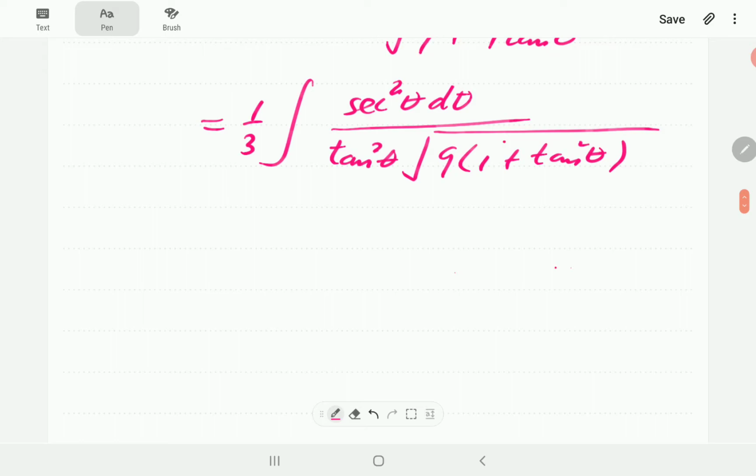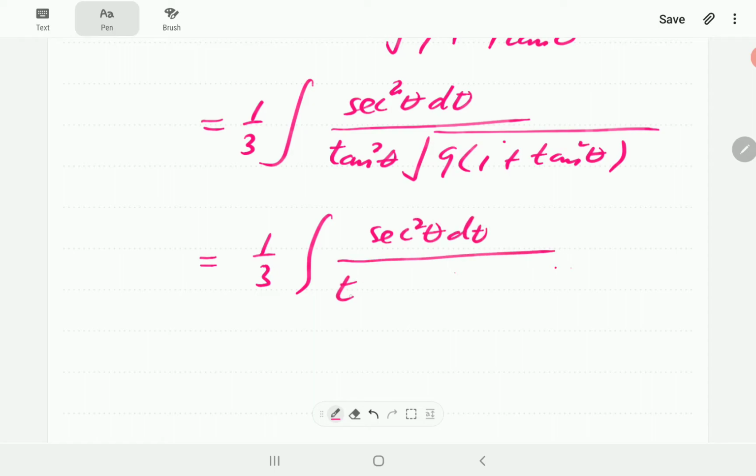Of course we know that 1 plus tangent squared theta is secant squared theta. So we're going to have 1/3 secant squared theta d theta in the numerator, and in the denominator tangent squared theta times the square root of 9 secant squared theta.